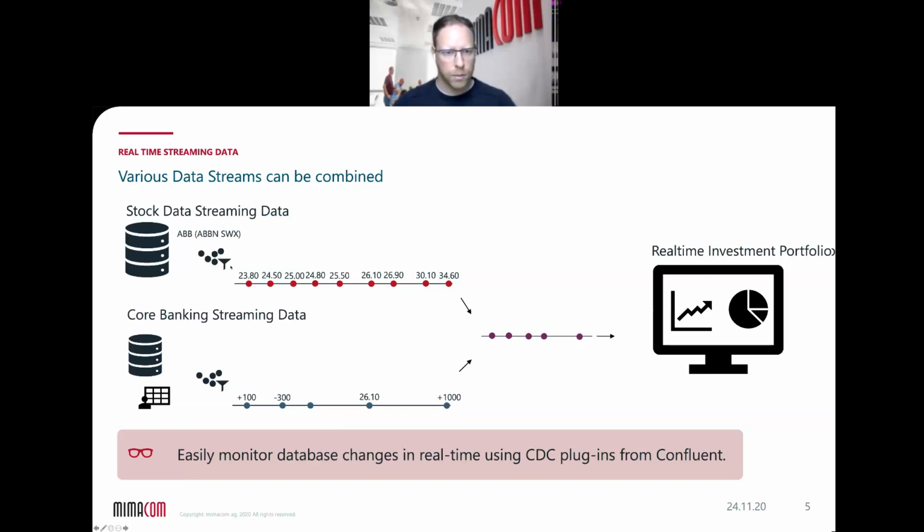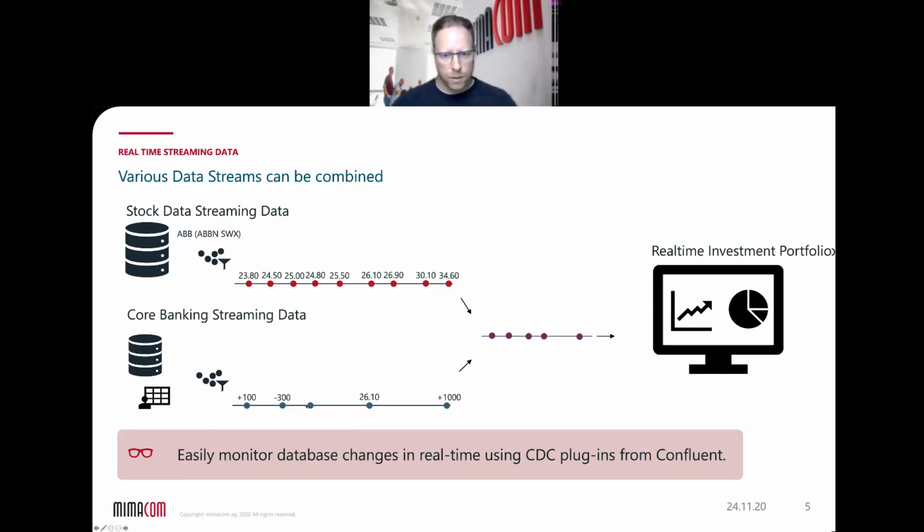On the top, we would have the current values of the ABB stock, for example. And on the core banking side, what we would do is stream all the changes and basically all the transactions happening on the core banking side. There we would know, okay, some user is buying 100 ABB stocks or selling 300 ABB stocks and so on.